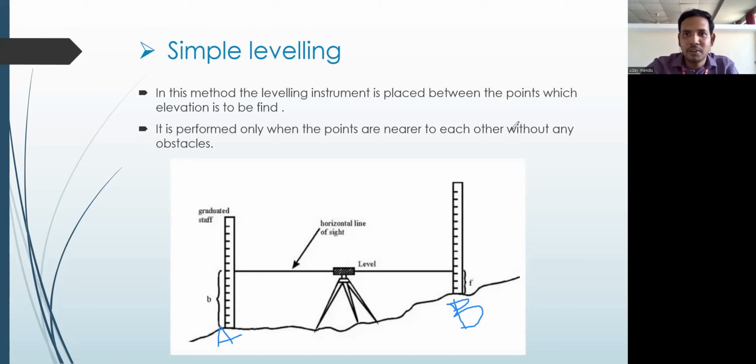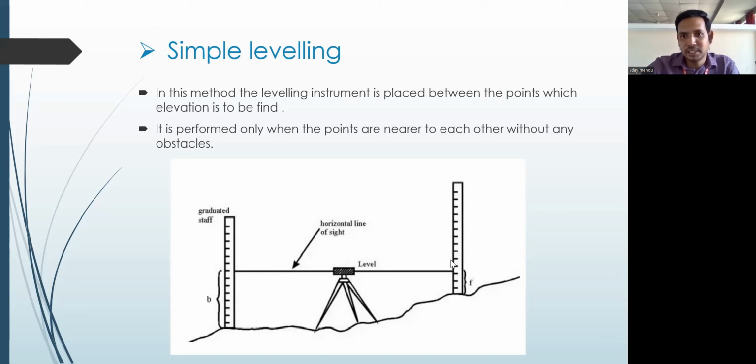In simple leveling, we place the instrument in between the 2 points A and B, whose elevations you want to find out. That is nothing but the dumpy level or else the auto level, right? So here the level is placed in between these 2 points.